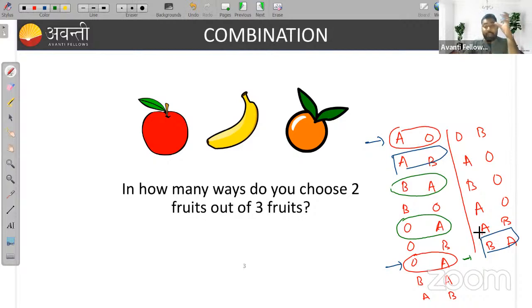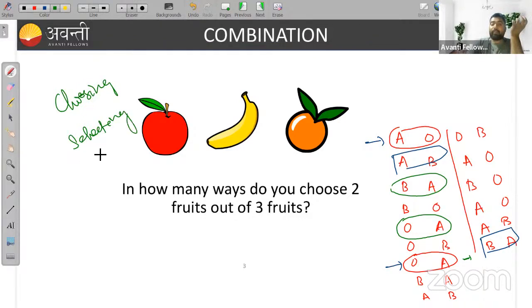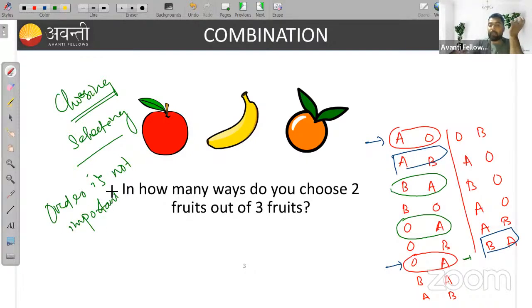So the right thing is, when we are choosing or selecting some objects, the order is not important.